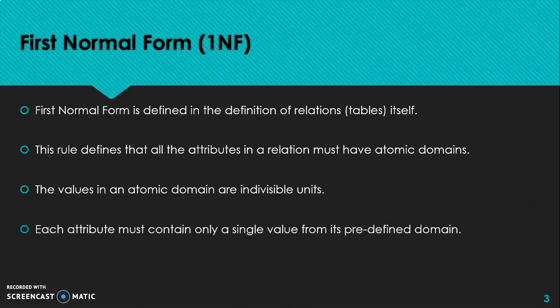Each attribute must contain only a single value from its predefined domain. So the domain is already fixed, that is, there is a condition on which values are to be accepted, and it will have only a single value from that.